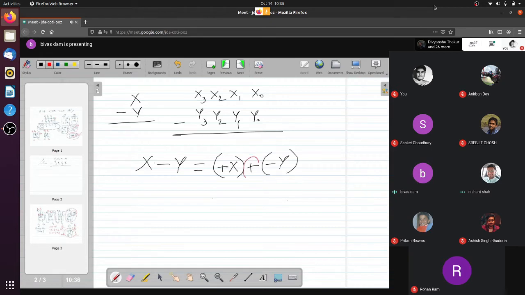Here, the basic operation I am performing is addition. But now, what two numbers am I adding? I am adding plus x with minus y. Clear? This x minus y is equivalent to plus of x plus of minus of y.